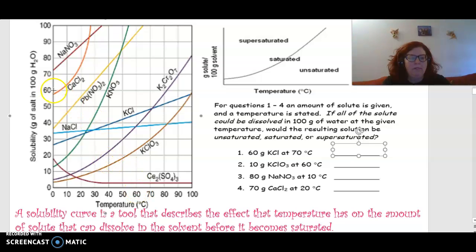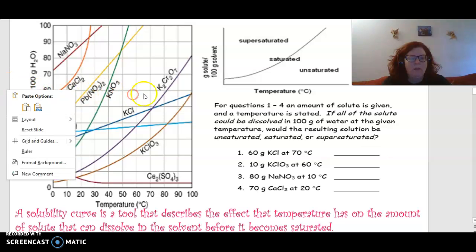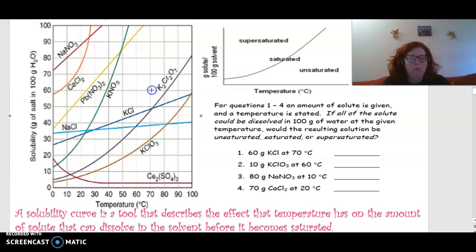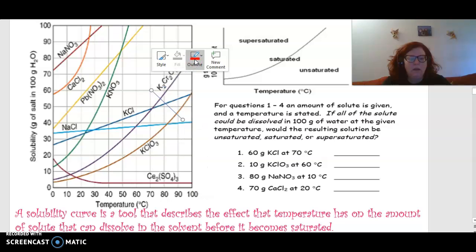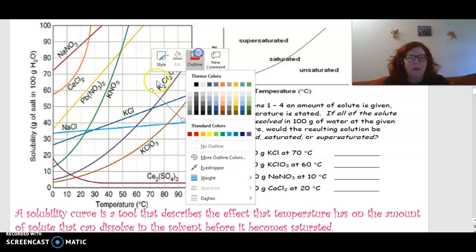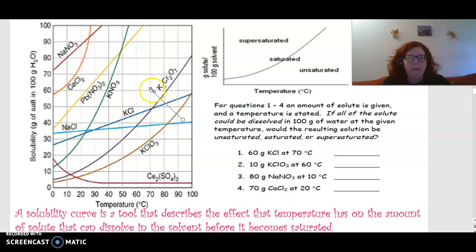We got 60 grams. That is right here. Hey, what happened to our line? There he is. Okay. Get off of there.